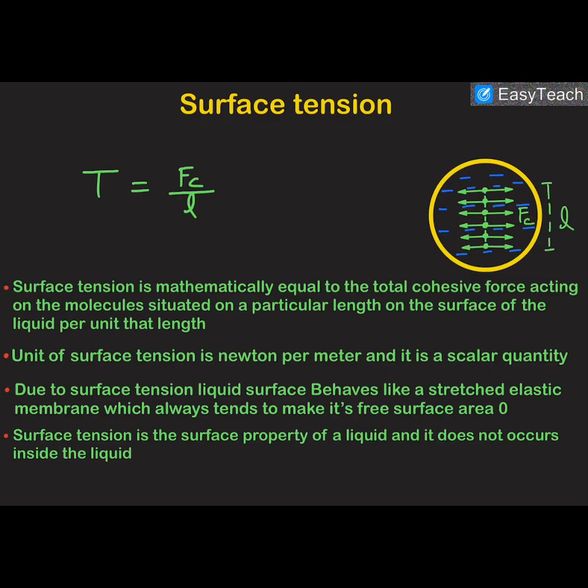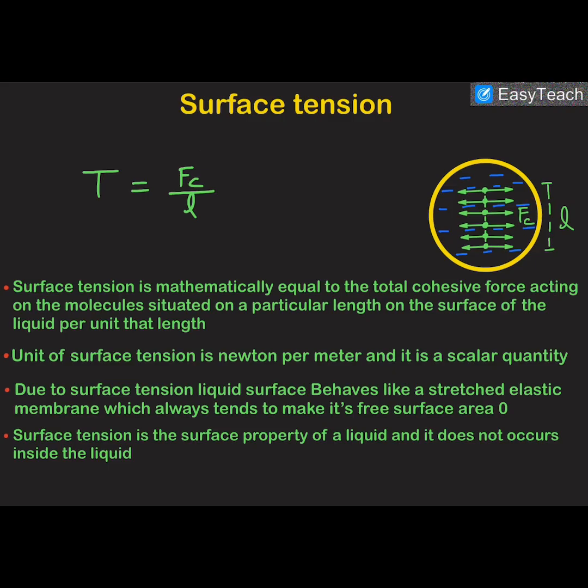Obviously the same amount of force will be acting on this side also, and therefore the net force will be zero. But let us talk about the net cohesive force along the surface acting in one particular direction. So this Fc is the net cohesive force acting on all these molecules in this direction only, along the surface.